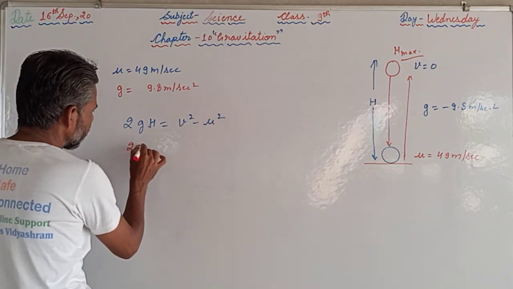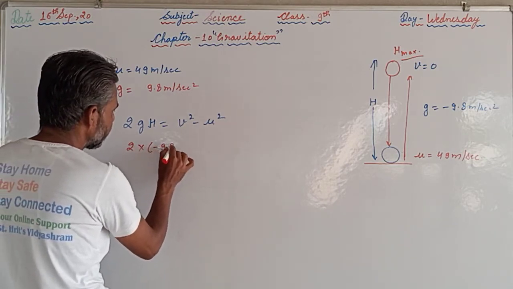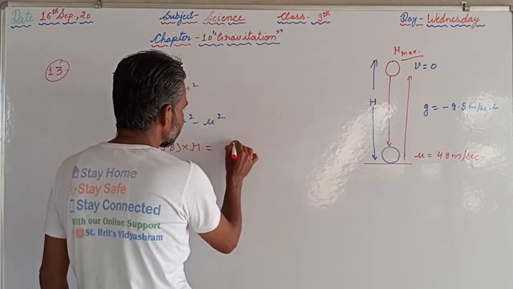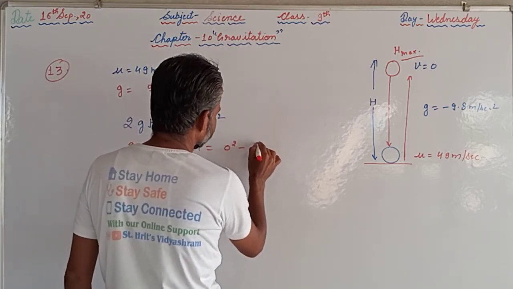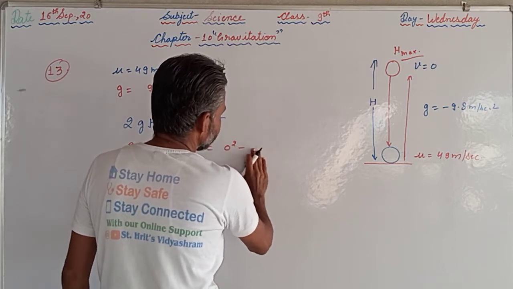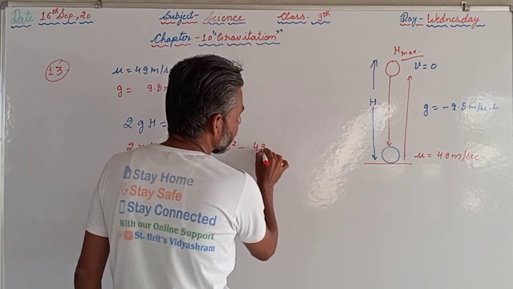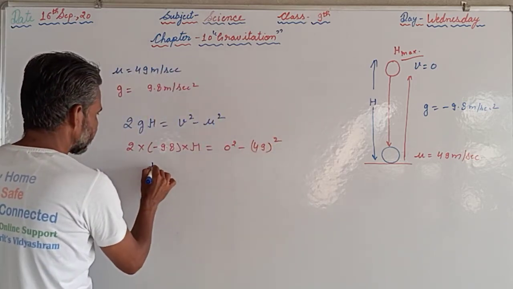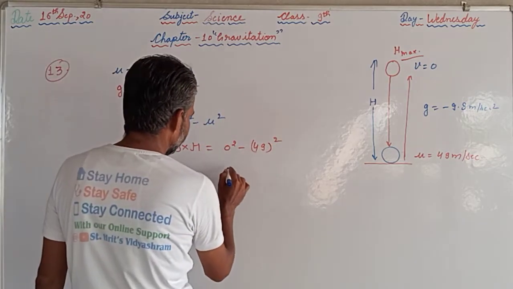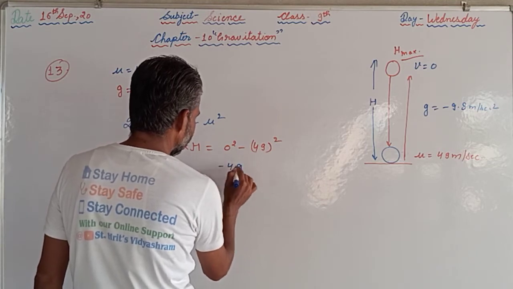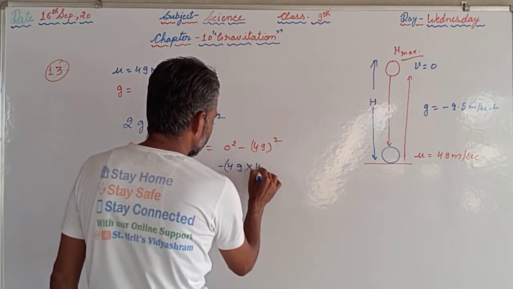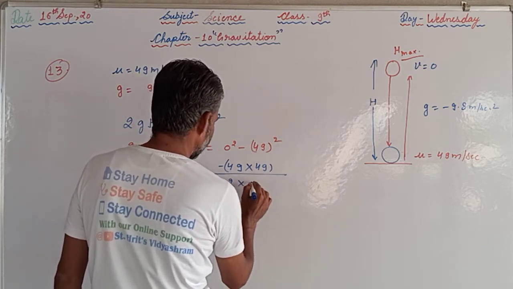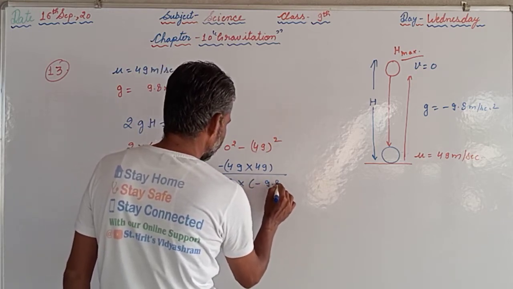So 2 into minus 9.8 into h is equal to 0 square minus 49 square. So from here we get h is equal to minus 49 into 49 upon 2 into minus 9.8.